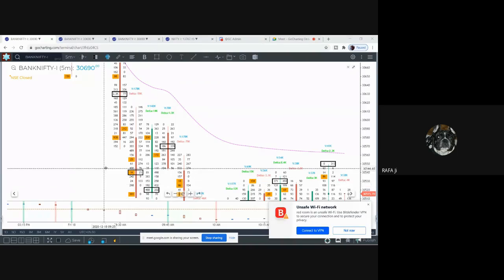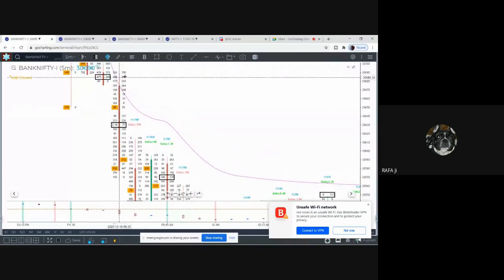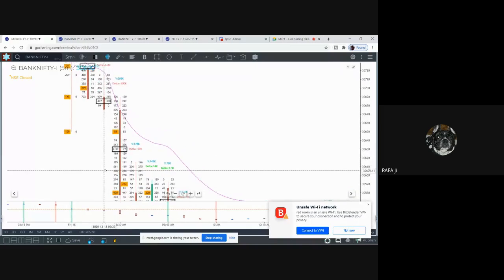For example, if the price has gone down about 100 points, but the delta hasn't moved as much, for example, over here it has minus 100k. If it was neutral, for example 0 or plus 10, that would be a divergence.